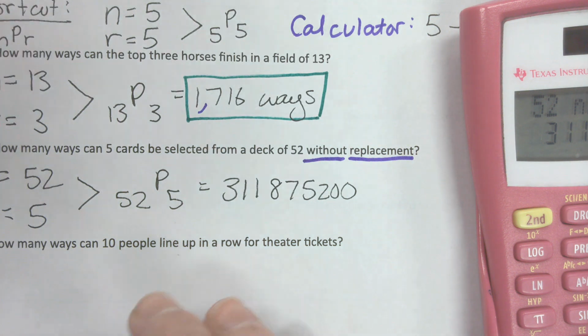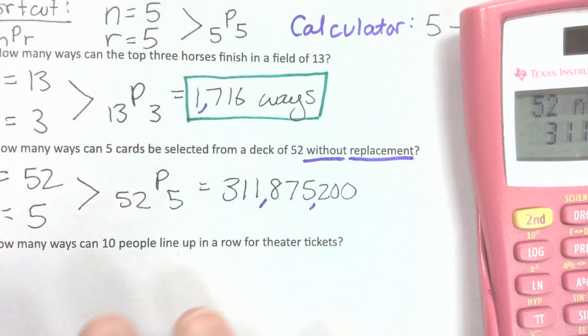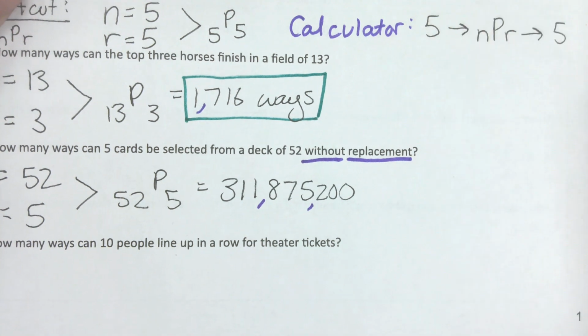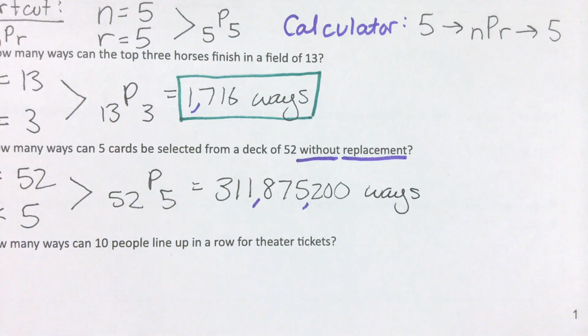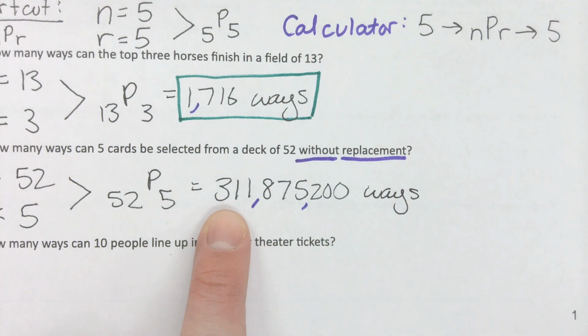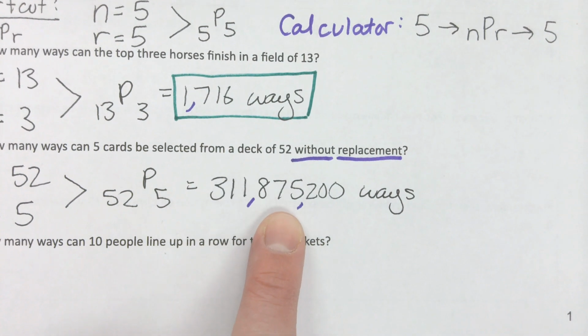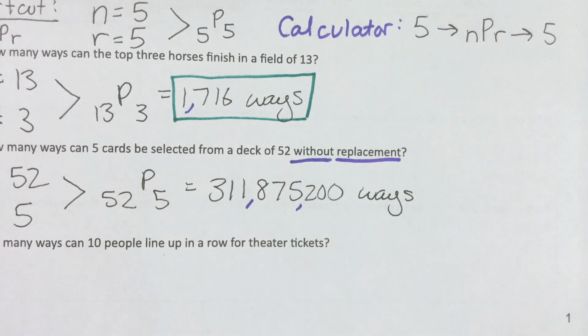Again, if you're going to use commas, every 3 numbers you put a comma. If you're afraid of making a mistake there, don't use commas. This is 311,875,200 ways.